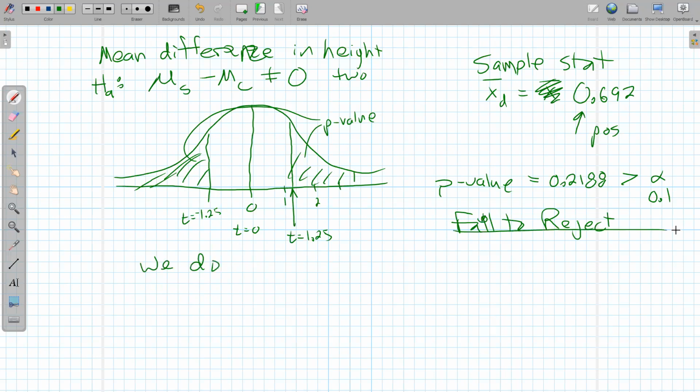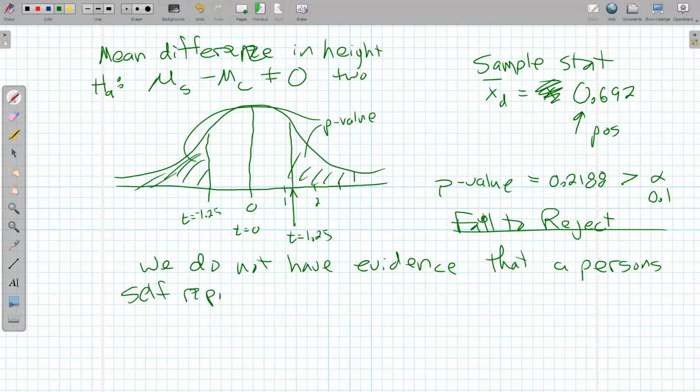So what does it mean to fail to reject right here? We do not have evidence that a person's self-reported height is different.